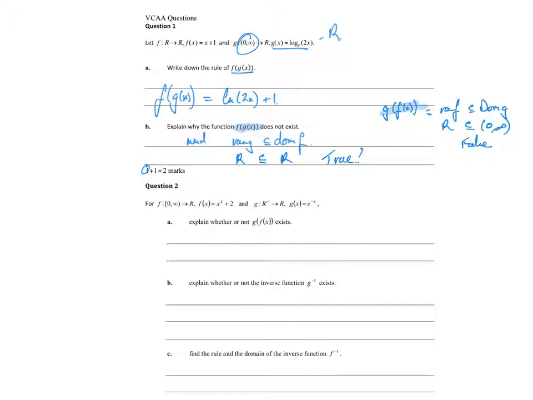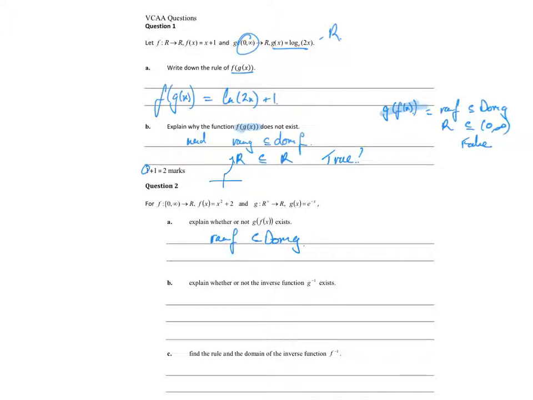All right, explain whether or not it exists. So I've just done a bit of that. So what do we need? We need the range of f to be a subset of the domain of g. Quick sketch of that graph: x squared plus 2 from 0 though.